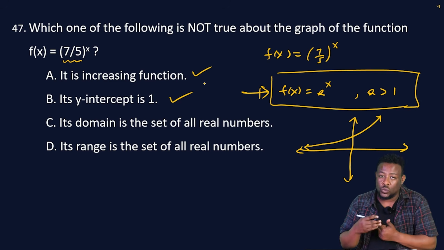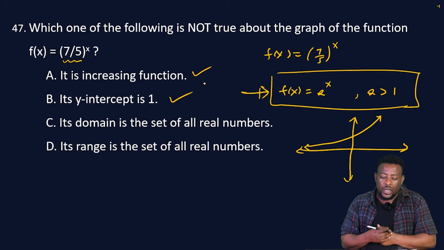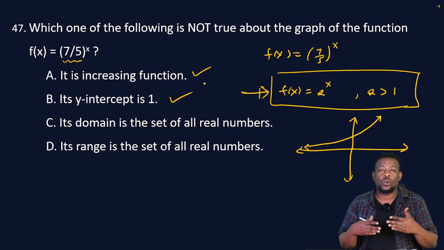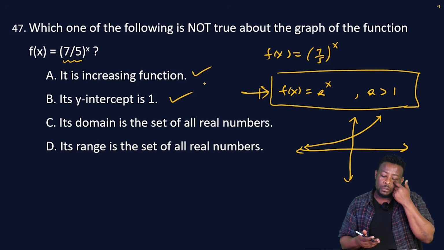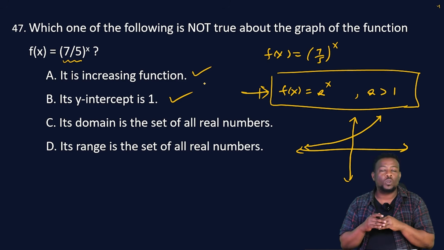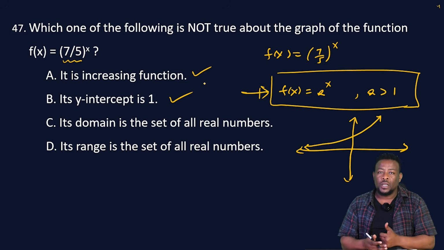Therefore the y intercept for this exponential function is 1, this is also true. ወደ c ስንሄድ its domain is the set of all real numbers ይለናል ዶሜኑ all real number ነው። በሌላ አባባል ምን ማለት ነው? Every x value can satisfy the function ፋንክሽኑን undefined የሚያደርግ x value የለንም.